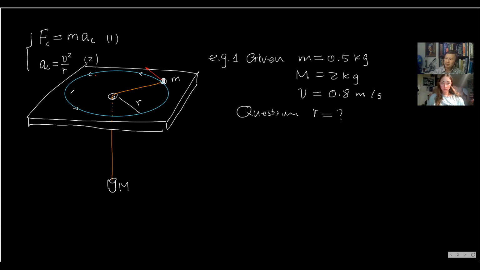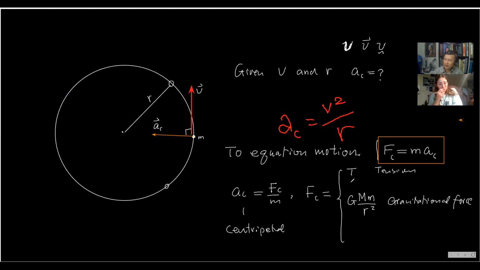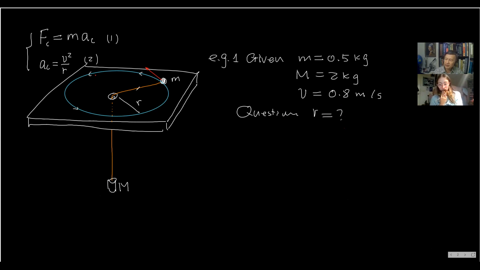You can build these equations based on physics. I give you a hint. In this case, we first have to work out the relation. This is a good example of the first case where tension provides the centripetal force, because obviously this object is connected by this wire.